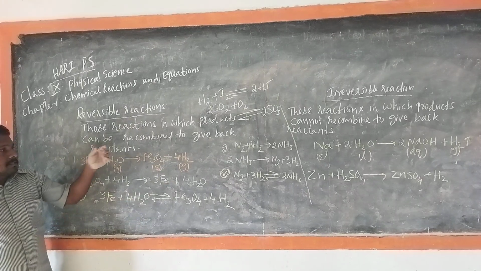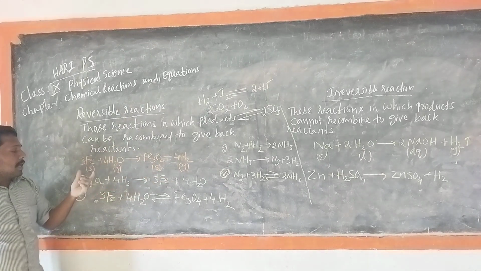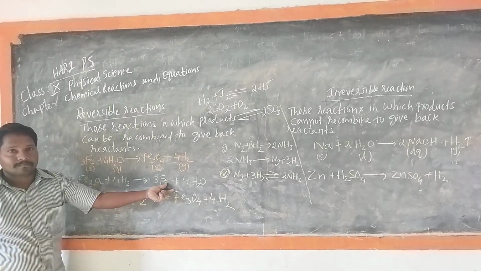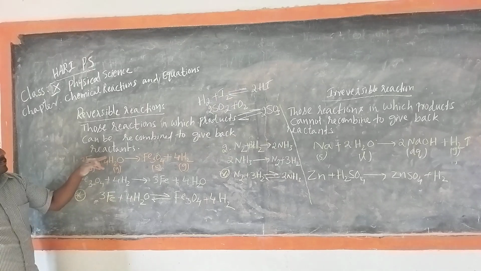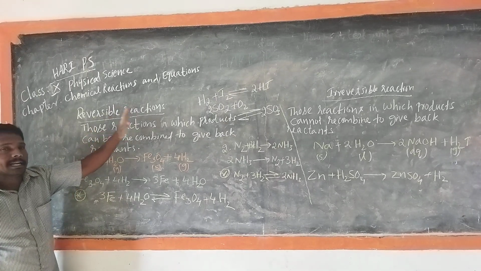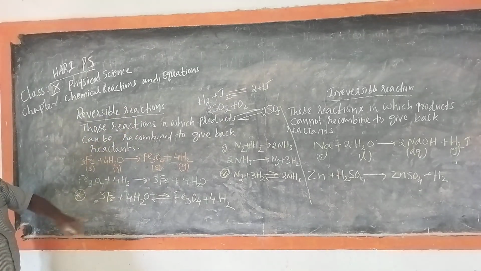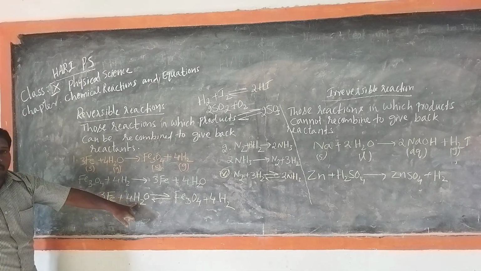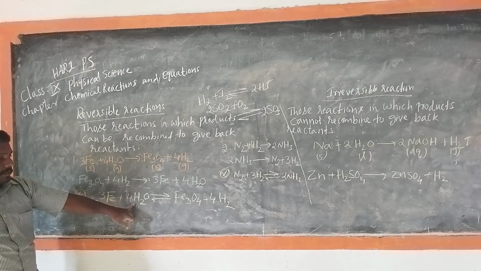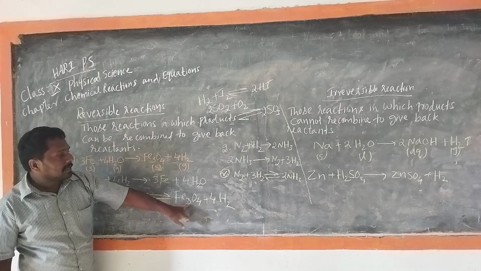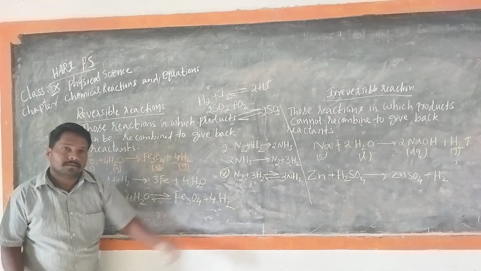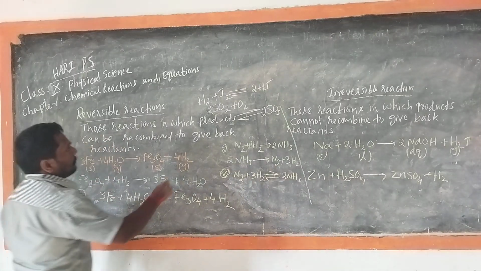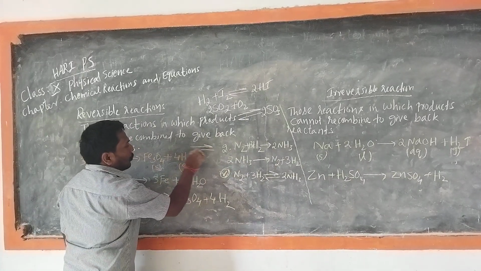So reactants give the products, and the products recombine and give reactants. Such a reaction is called a reversible reaction. Finally we write the equation as iron plus steam of water gives iron oxide plus hydrogen.